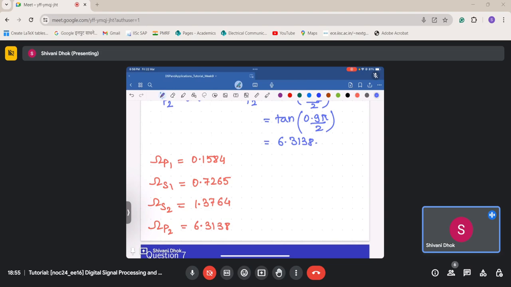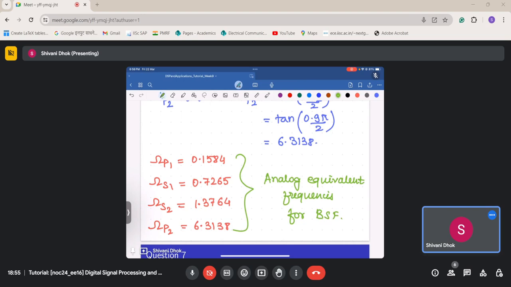And these frequencies here are the analog equivalent frequencies for the band stop filter.